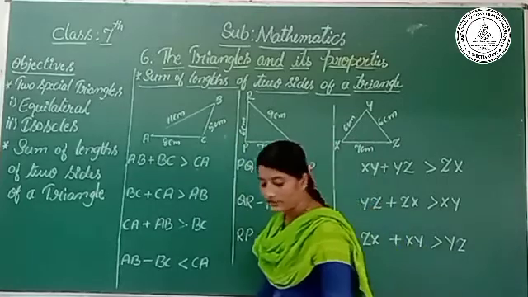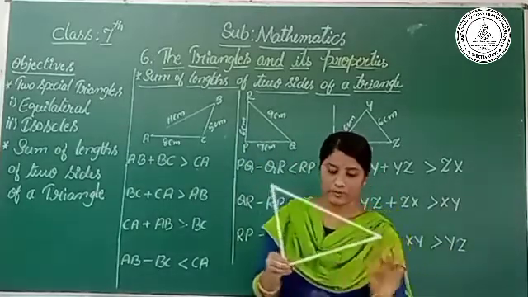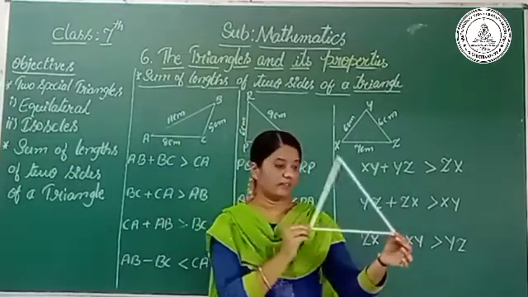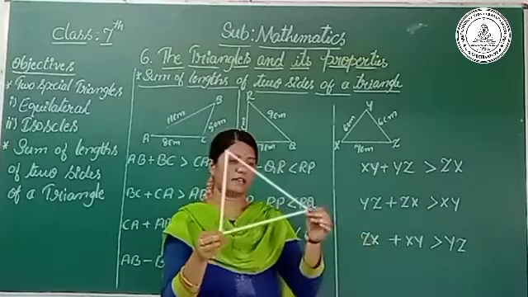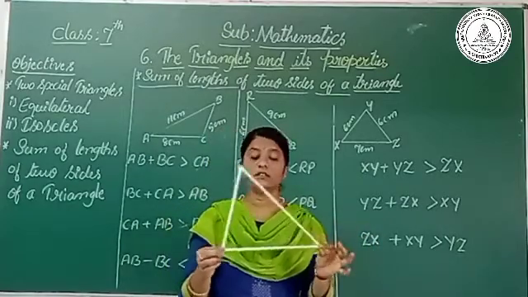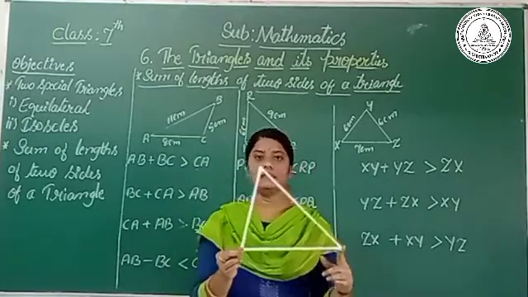For this concept I have taken an activity. I have made a triangle with sides of different lengths. It is a scalene triangle. A triangle in which all the sides are of different lengths is said to be a scalene triangle.